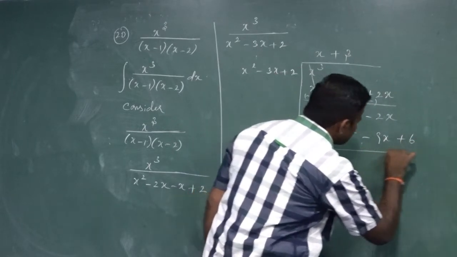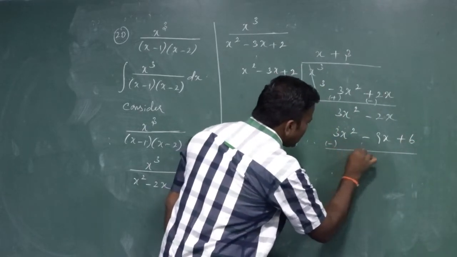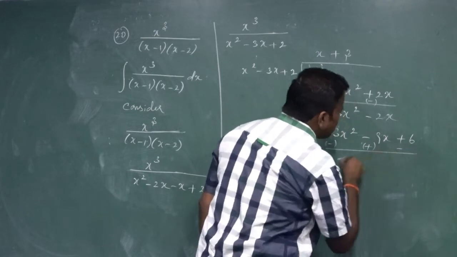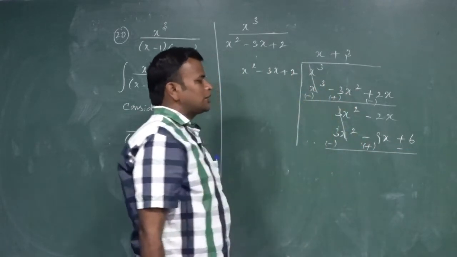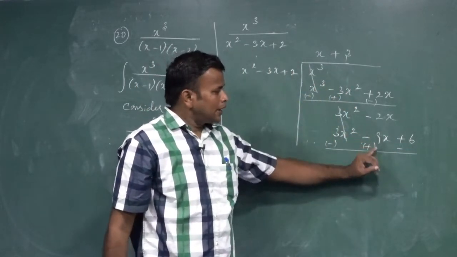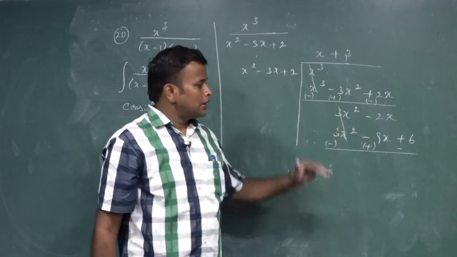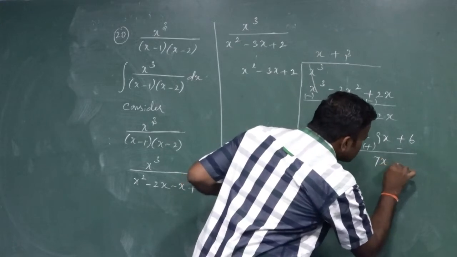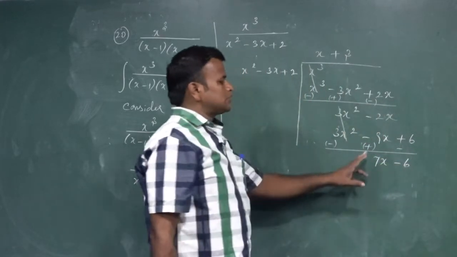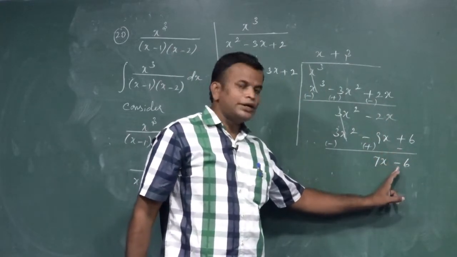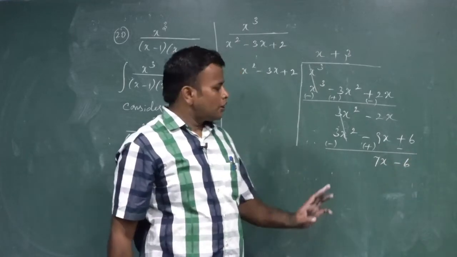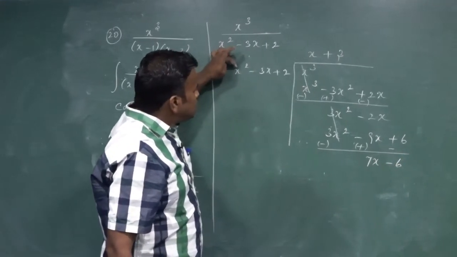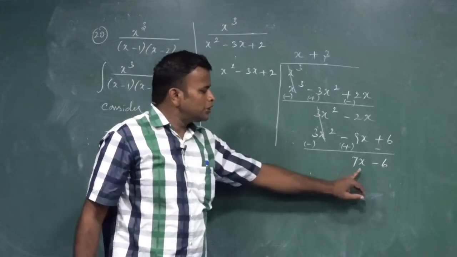Again we change the signs and the terms cancel. Minus 2x plus 9x is 7x, and the remainder is 7x minus 6.